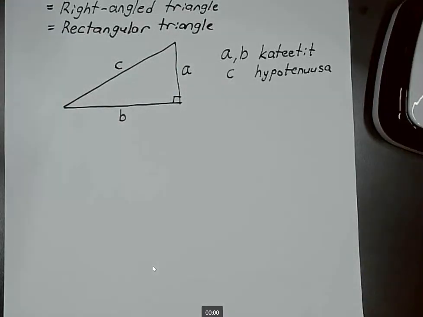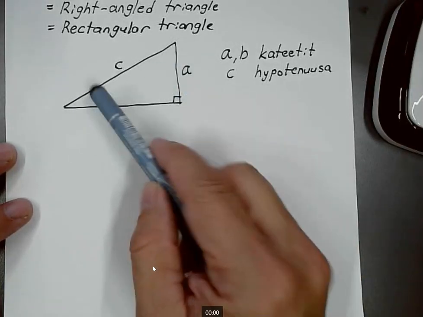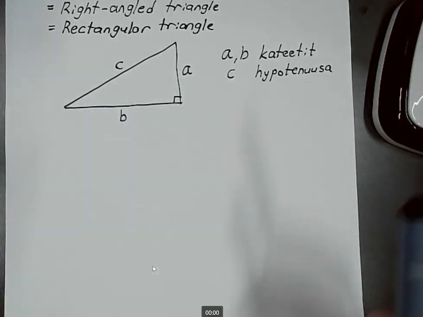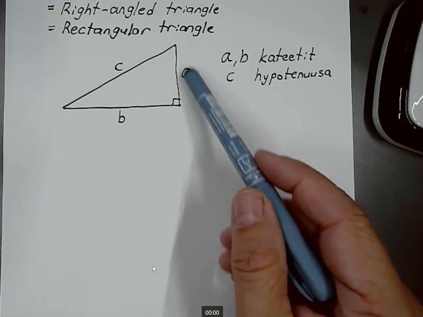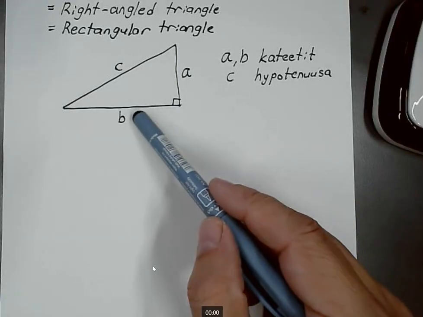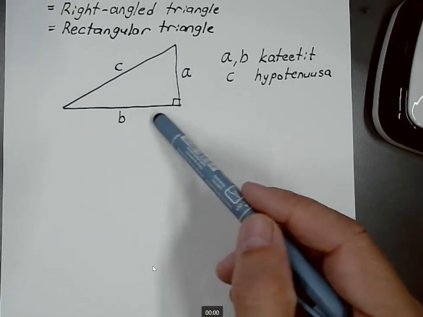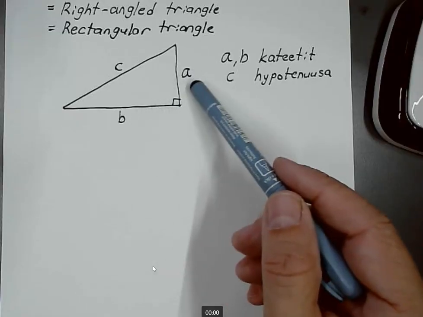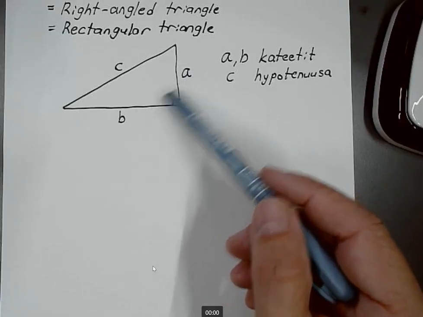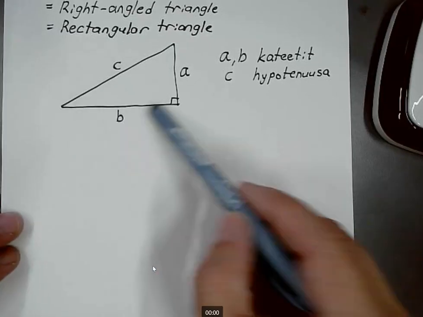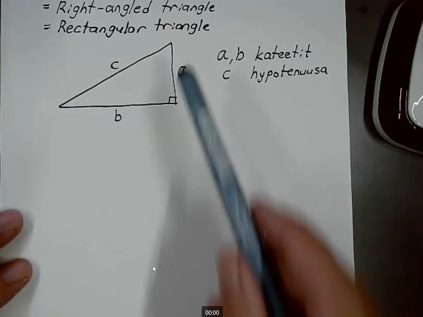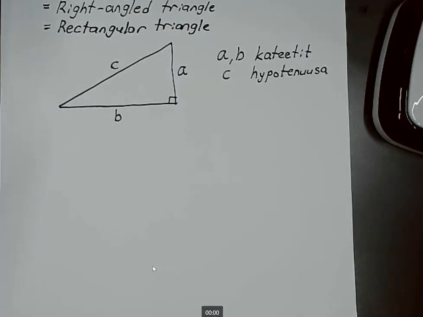C is always the longest leg, or longest side of triangle, but A and B, it doesn't necessarily mean that A is the shortest one and B is the second one. A may be longer than B, so this is just some kind of simple figure of triangle.